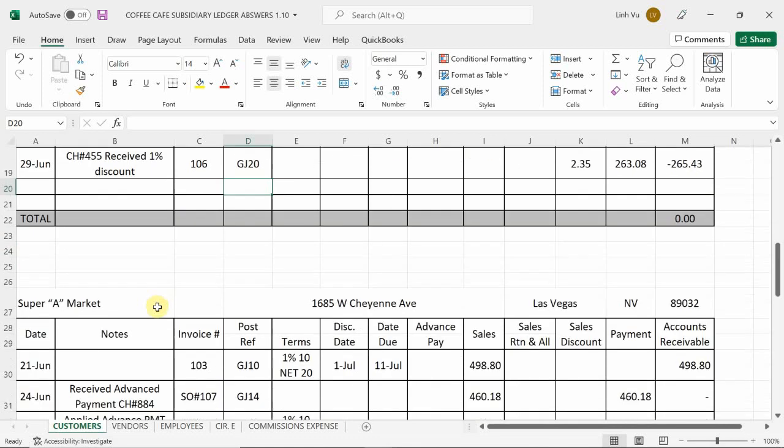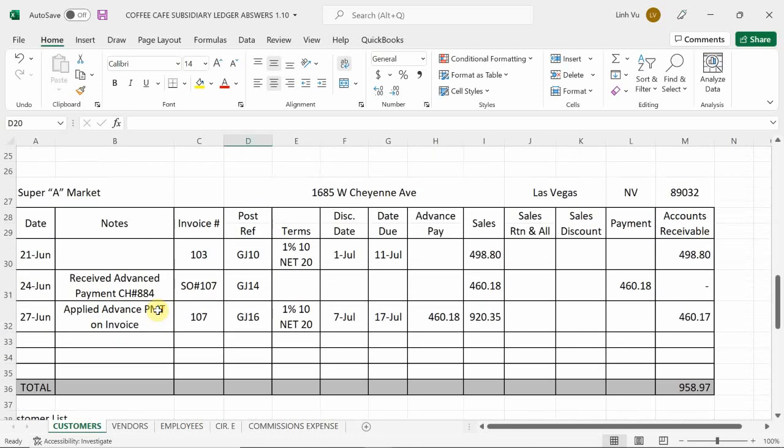Okay, so Super A Market's the next one down. They're paying off basically everything that they owe me, a grand total of $558.97. But let's see, did they receive a discount? For invoice number 103, they just barely made the discount.